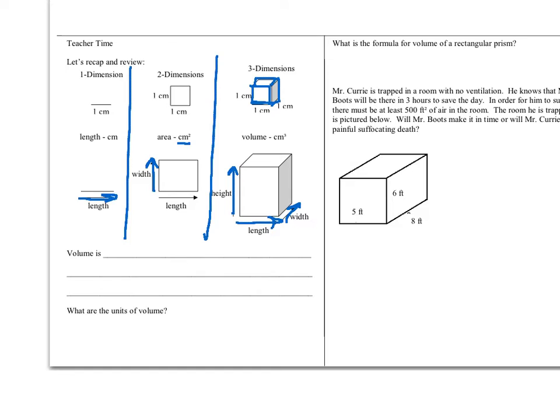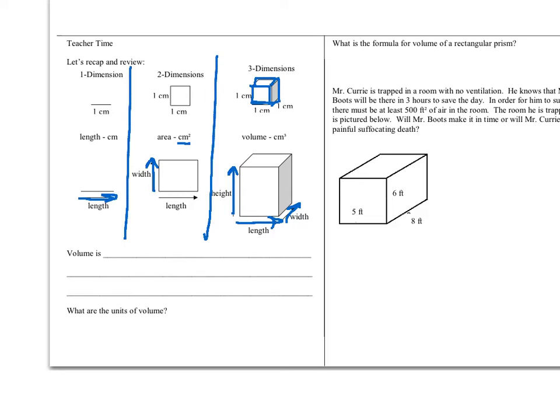How many of these little cubic centimeters can I use to fill up the object that we have? So that's the big difference between surface area and volume. Surface area talks about the flat space, how many of these squares can I fit on the outside, whereas volume is talking about how many of these cubes can I put inside.